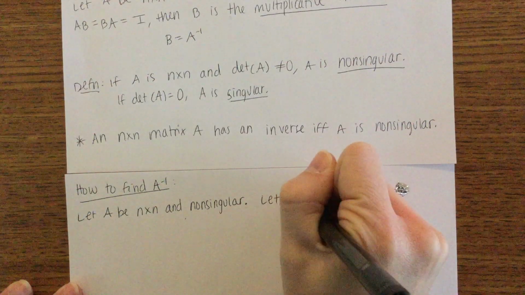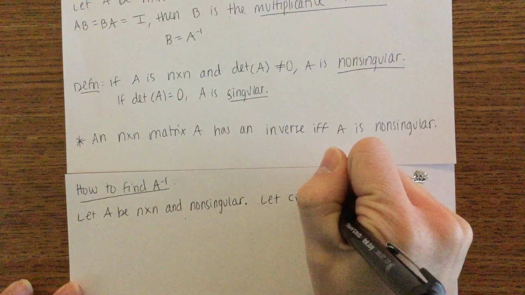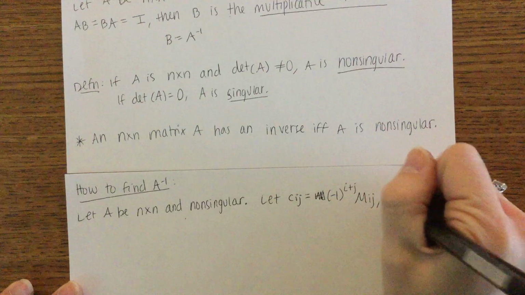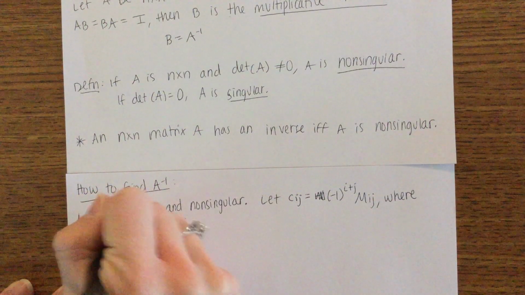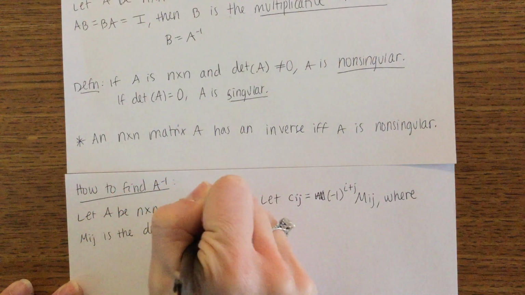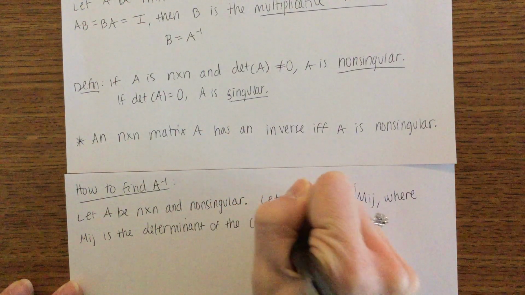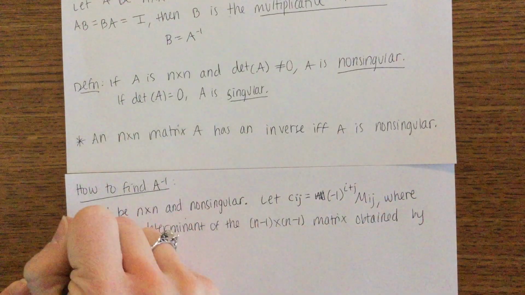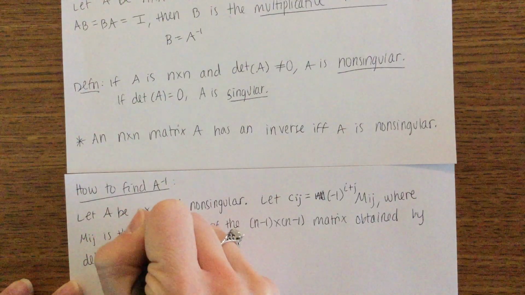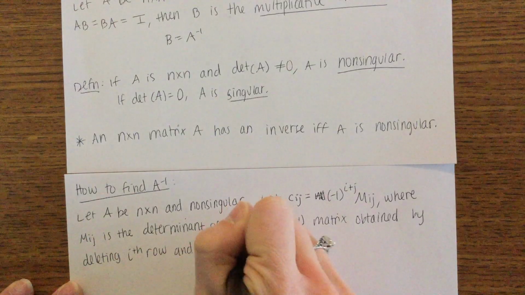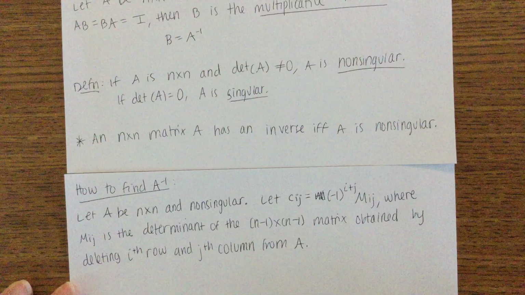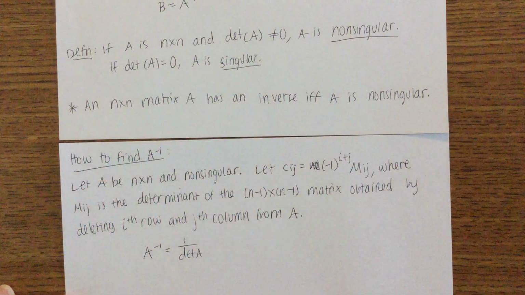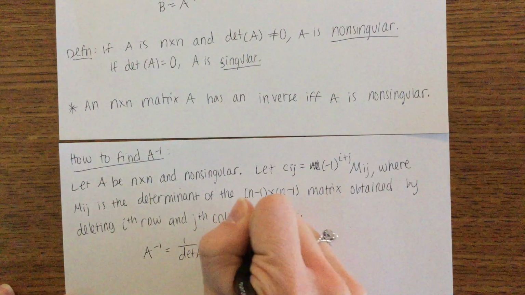Let C_ij be (-1)^(i+j) M_ij, where M_ij is the determinant of the n-1 by n-1 matrix that is obtained by deleting the ith row and jth column from A. The inverse then is going to be 1 over the determinant of A multiplied by C_ij, the transpose.